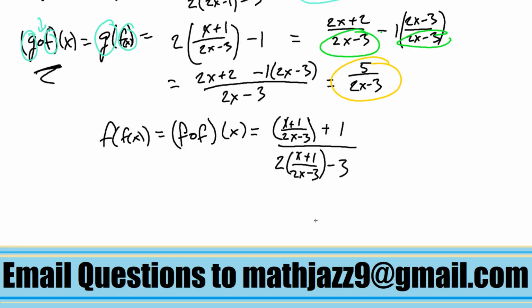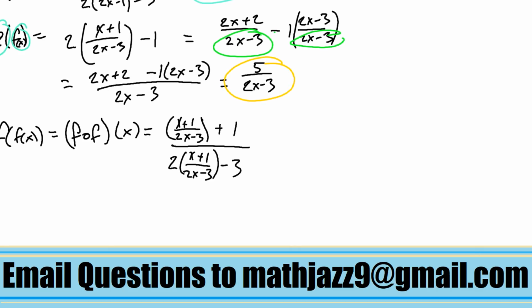Then, this one is a bit more complicated to simplify, but it is good algebra practice. So, let us simplify this. We have to find a common denominator between this expression and this expression. We can combine the fractions on the top. That's 2x minus 3. So what we get is x plus 1, that's this part, plus 1 times 2x minus 3 over 2x minus 3.